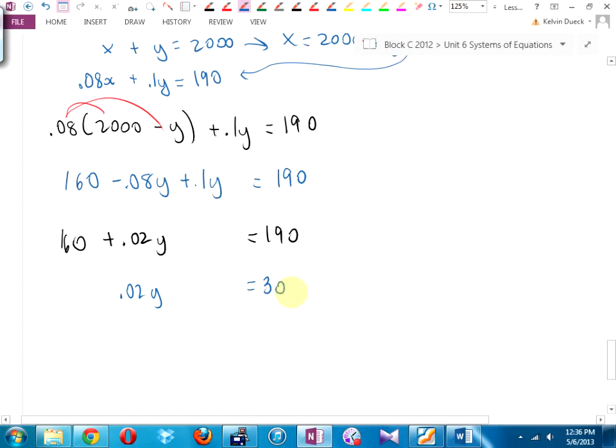Now what? Is this a tougher equation, by the way? You'll notice I am showing more work. I'm not going to take shortcuts with yucky numbers. Divide by 0.02, divide by 0.02, and I get y equals whatever the heck 30 divided by 0.02 is. 1,500?